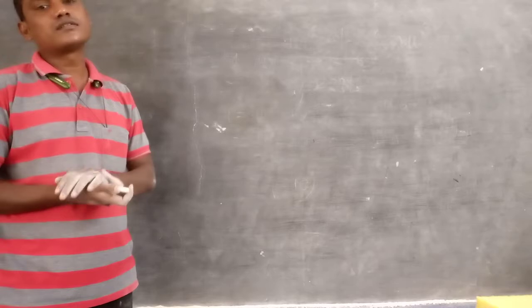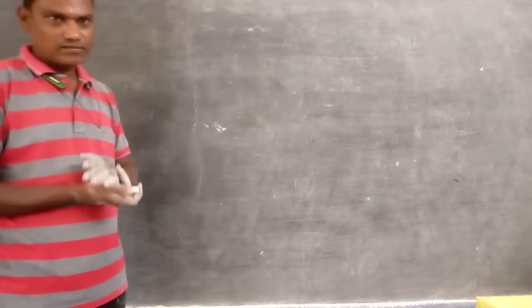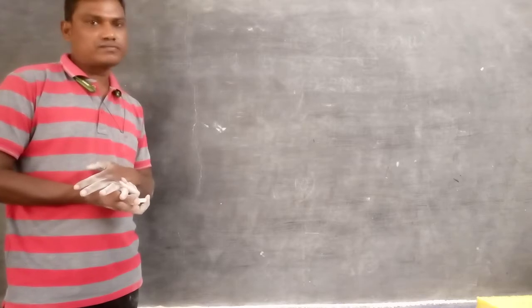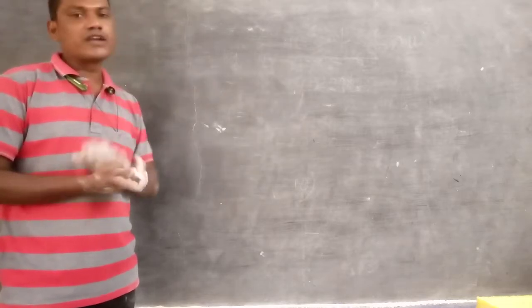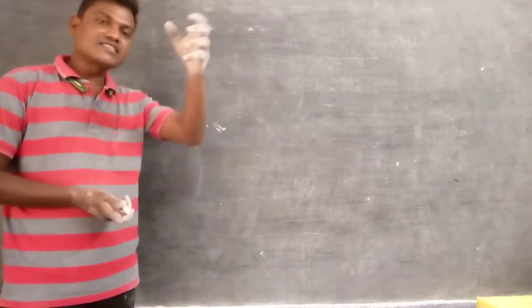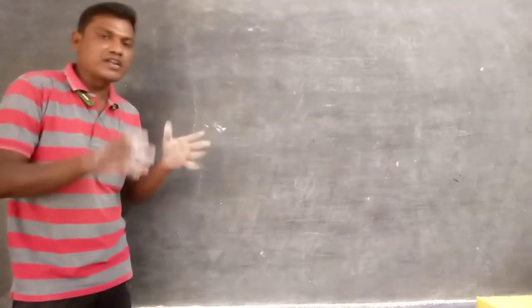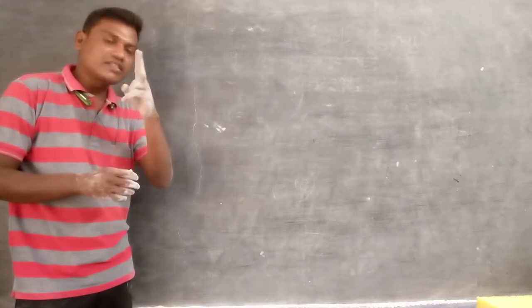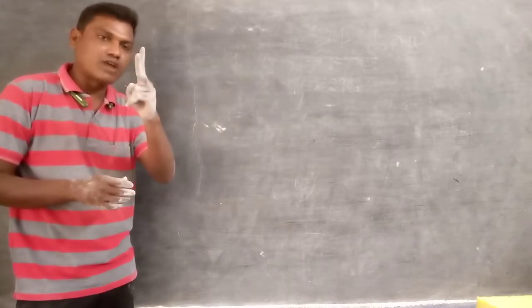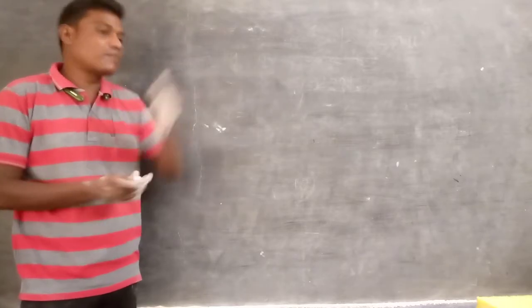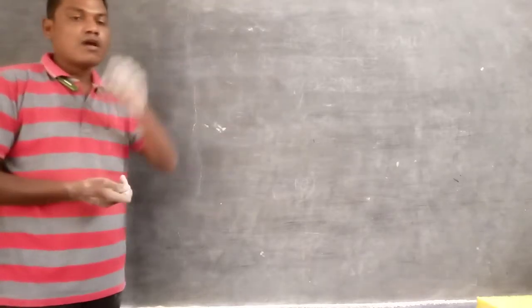With the help of that we can also find the thickness of the glass slab. So in this activity we cover two topics: one is how to find lateral displacement mathematically, and the second is the thickness of a glass slab.